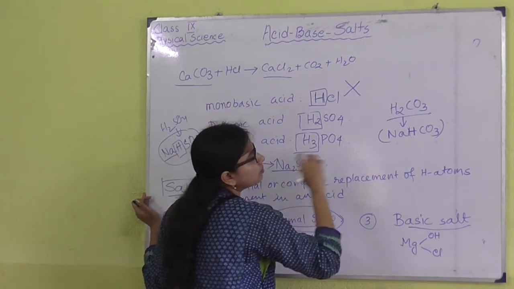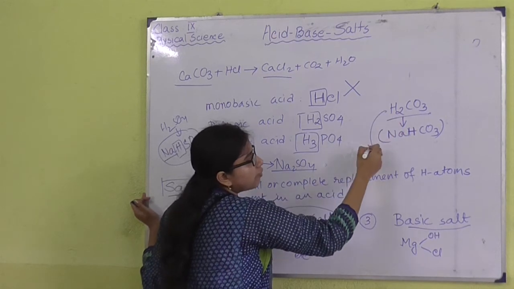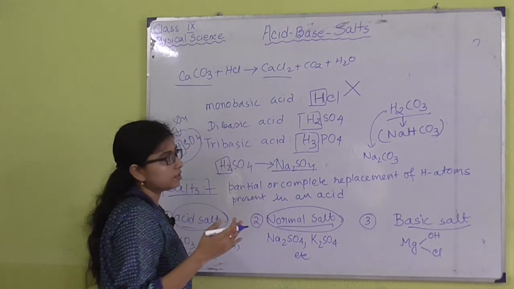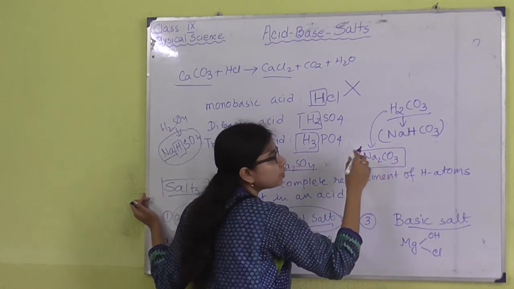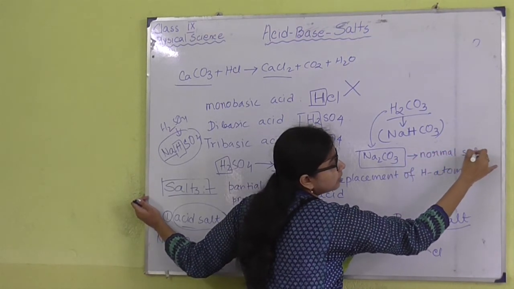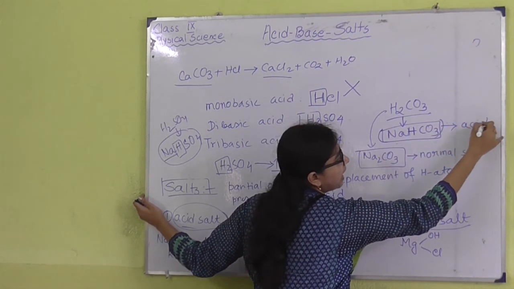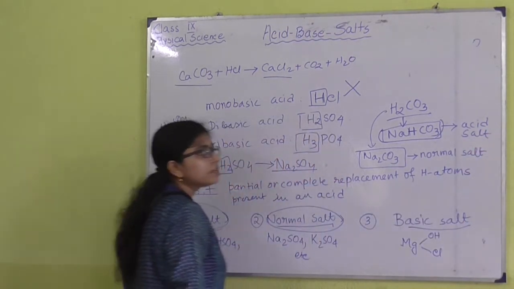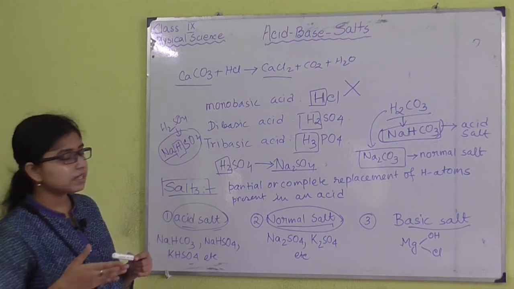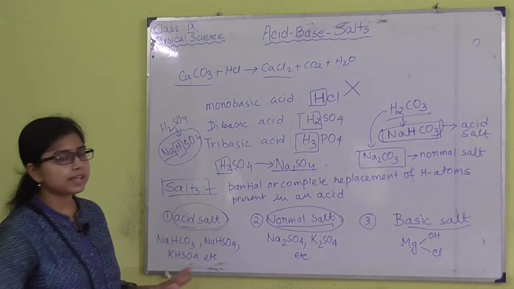And when I remove all the hydrogen atoms from the acid, forming Na2CO3, then it is an example of a normal salt. In this salt there is no acidic hydrogen, so this is known as normal salt. And this NaHCO3 is the example of acid salt. So where there is no acidic hydrogen within the salt, the salt is known as normal salt, and when there is acidic hydrogen present within the salt, it is known as acid salt.